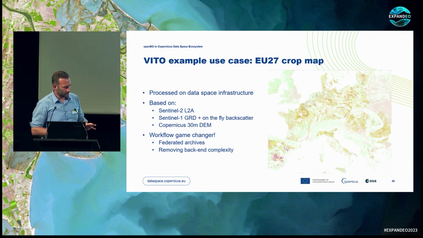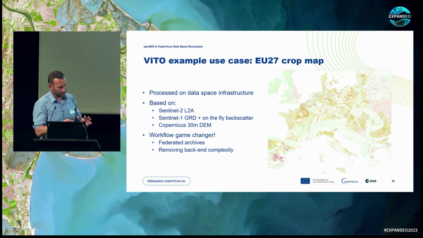And then I think one last use case I would say is, and now I'm taking my hat off as Copernicus Data Space member, more sitting on my research cap as a VITO researcher. We've made this European crop map with OpenEO, and we tried it on the data space infrastructure on CREODIAS in the backend, and we needed a lot of data sets.